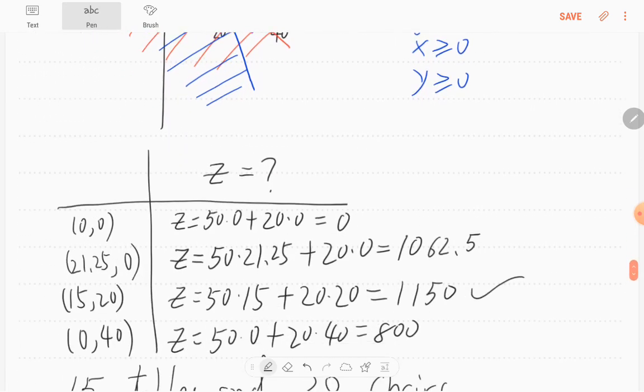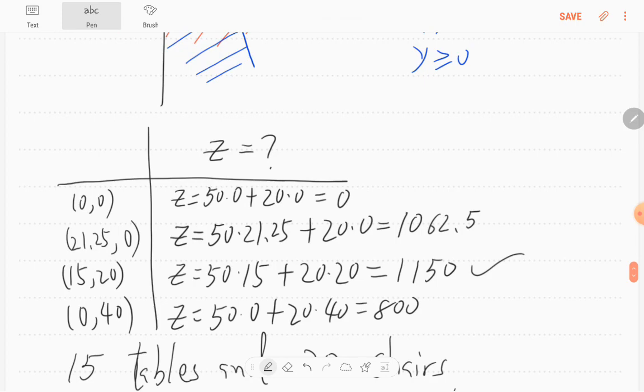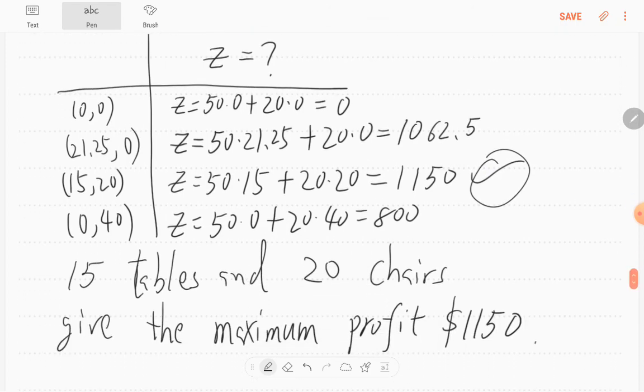Then we use a table to calculate the z values, or the objective function values, at each corner. Then the maximum value, if the problem asks for the maximum profit, is the maximum. It will give you that 15 tables and 20 chairs make the maximum profit, which is $1,150.